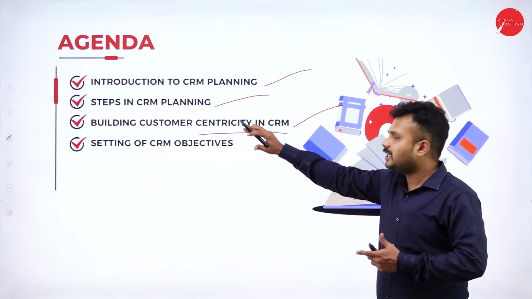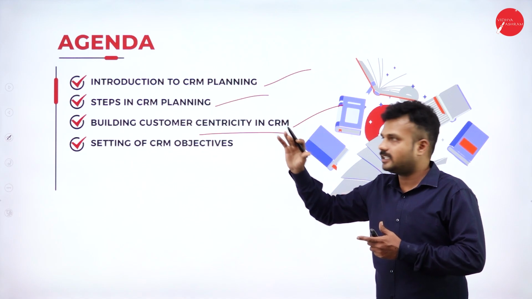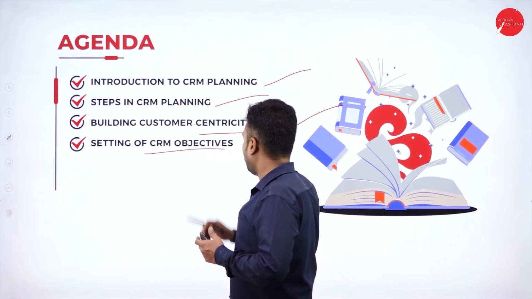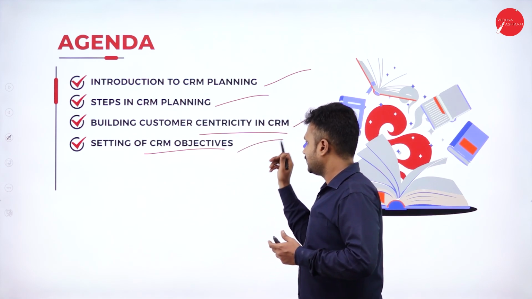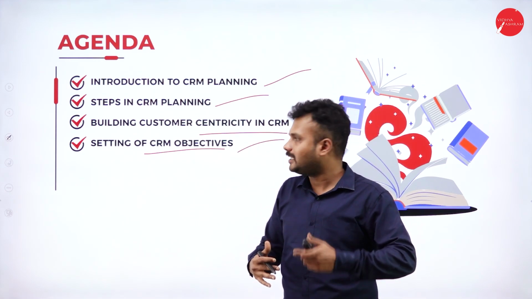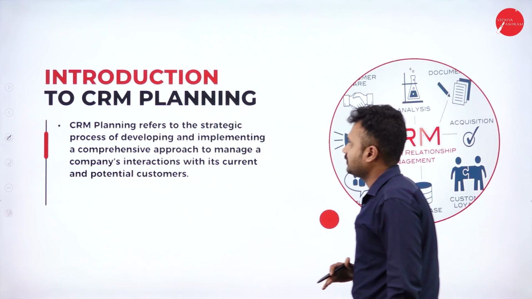It is nothing but how the CRM is going to treat the customer, how it is going to consider the customer in the market. Setting of CRM objectives. Here it is nothing but setting the objectives and reaching the goals, right? So these are all the things that we need to cover in today's session.